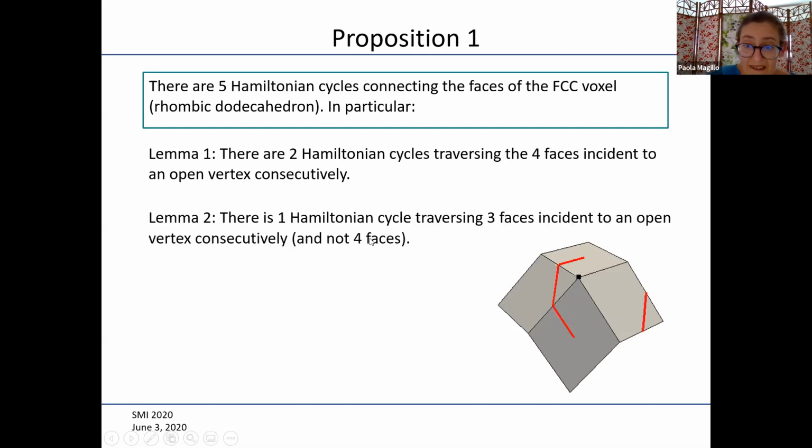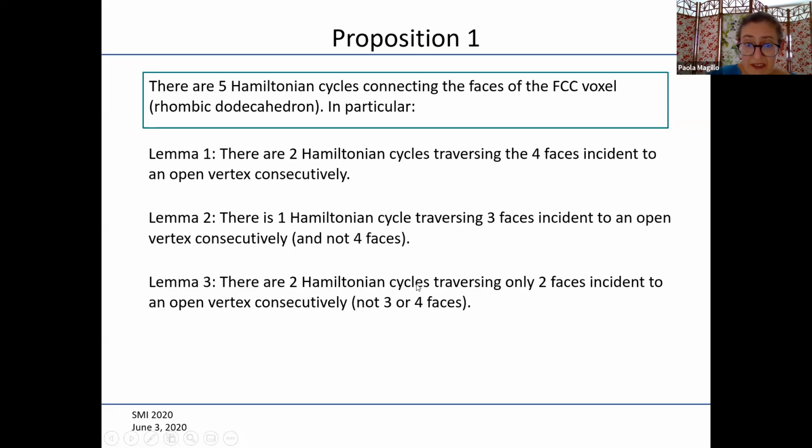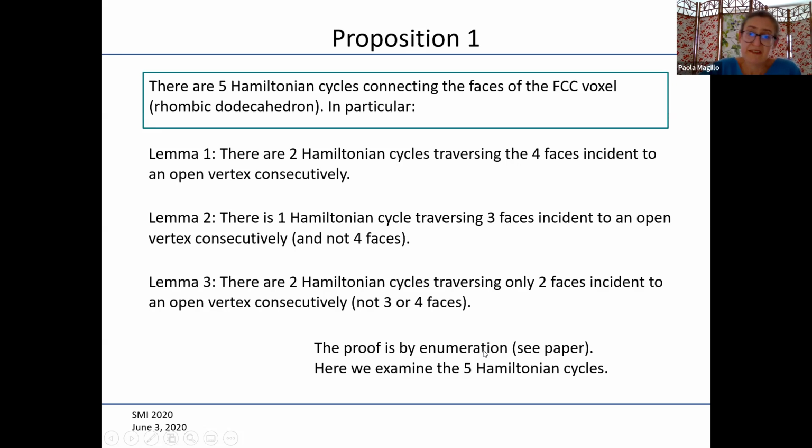There is 1 Hamiltonian cycle connecting 3 faces consecutively in another case. And there are 2 other Hamiltonian cycles that don't traverse consecutively more than 2 faces for each open vertex. Now, the proof is by enumeration. It is a bit boring and easy, and here I will skip it, and I just want to show what these 5 cycles look like.